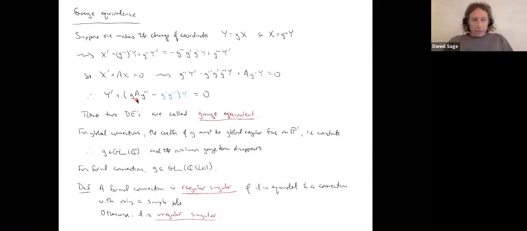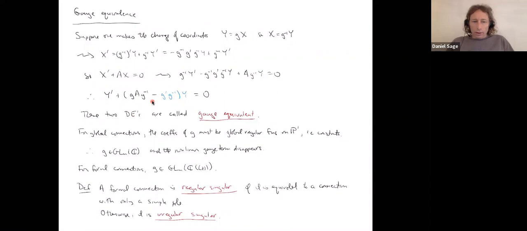So you conjugate your matrix A by your change of coordinates matrix G, and then there's this extra additional term, minus g prime g inverse. So there's a term that involves the derivative and is not linear. And so these two differential equations, or if you prefer, these two matrices, are called gauge equivalent. And they define isomorphic connections.